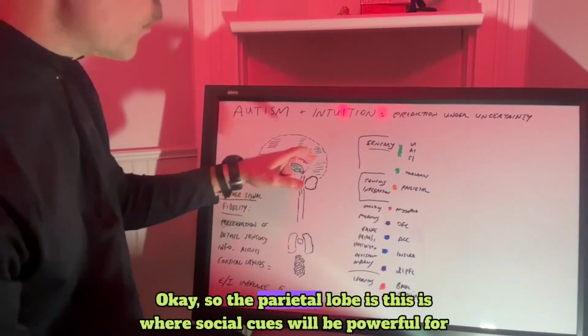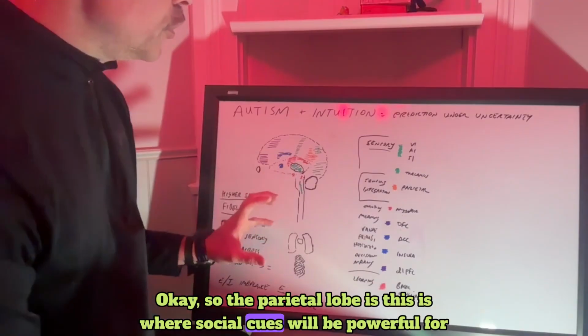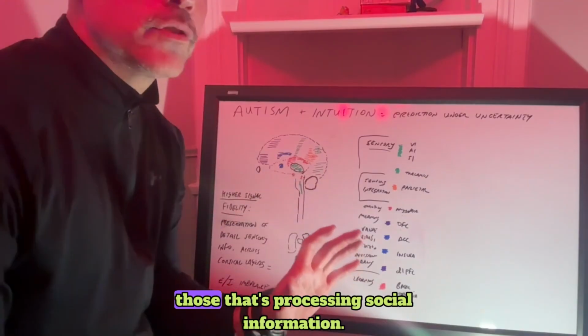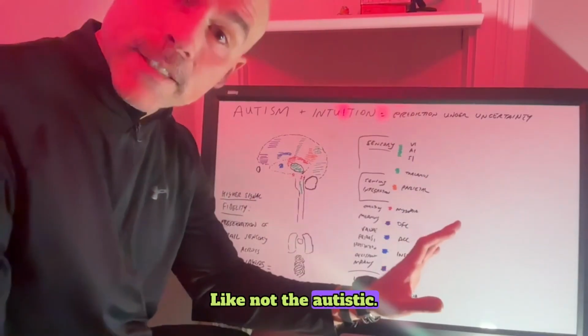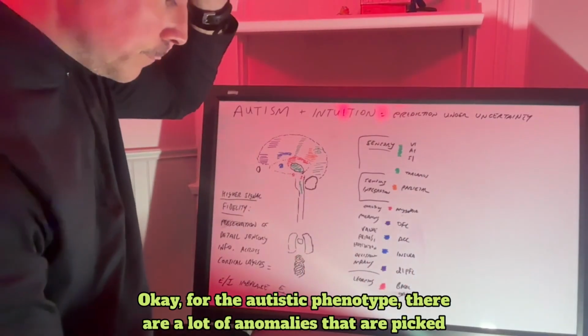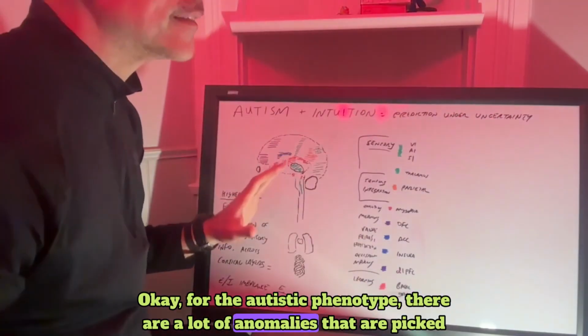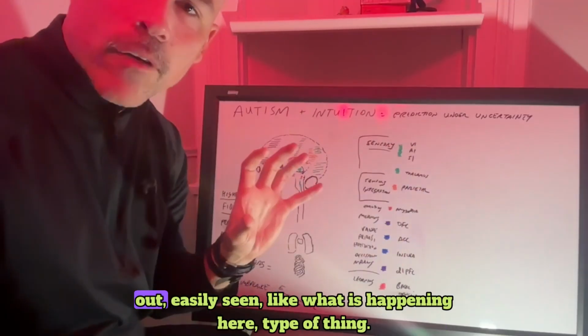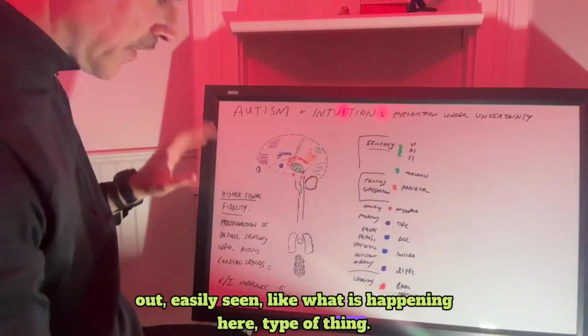Okay, so the parietal lobe, this is where social cues will be powerful for those that are processing social information, like not the autistic. Okay, for the autistic phenotype, there are a lot of anomalies that are picked out, easily seen, like what is happening here, type of thing.